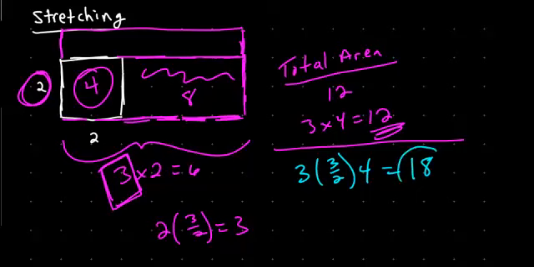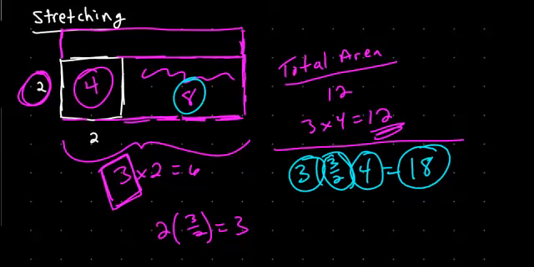So I stretch by a factor of 3/2 on one side and a factor of 3 on the other side, I multiply by the original area and I get 18. Let's count it. Here's 8, here's 4, so that's 12, 13, 14, 15, 16, 17, 18.